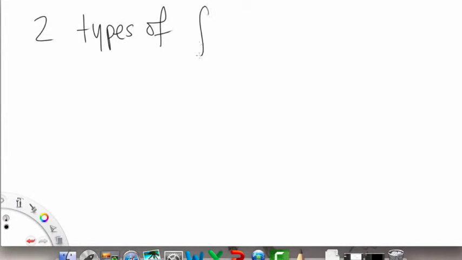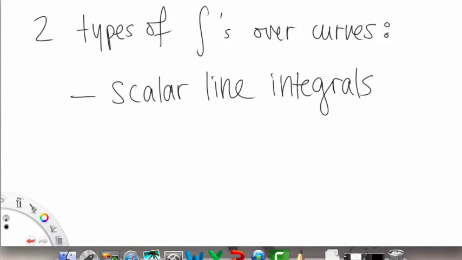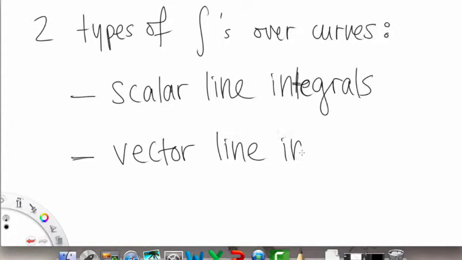And they are, the first one is scalar line integrals, and sometimes they're called path integrals, but the most common usage is line integrals. So there's the scalar kind and there's vector line integrals. And we'll be going over both shortly.